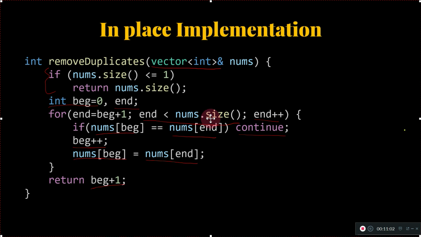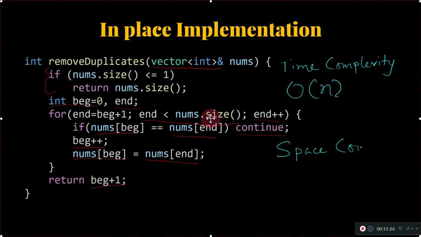So that's it. What is the time complexity for the algorithm? The time complexity is basically we are running from the start of the array to the end of the array, which has size n, so it is order of n.